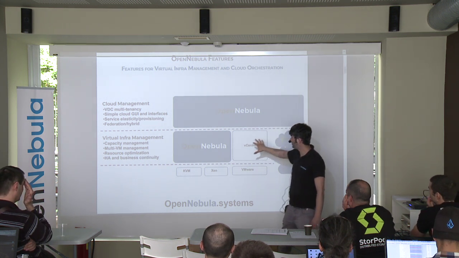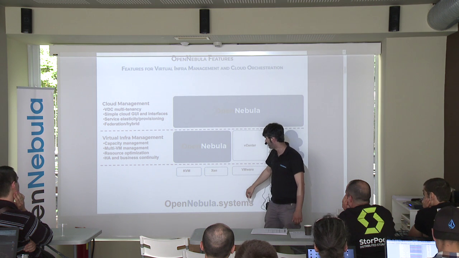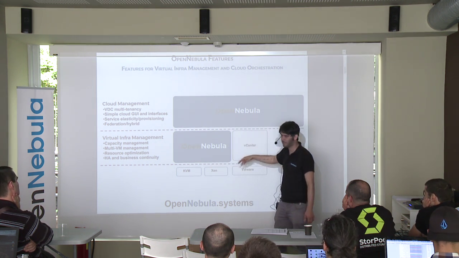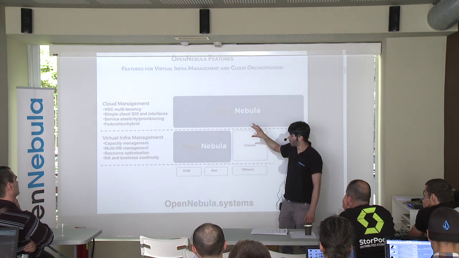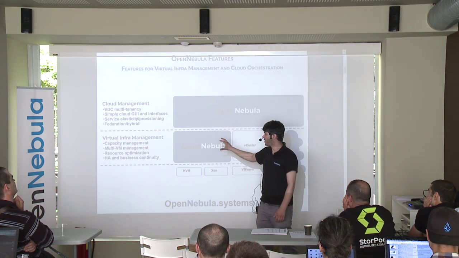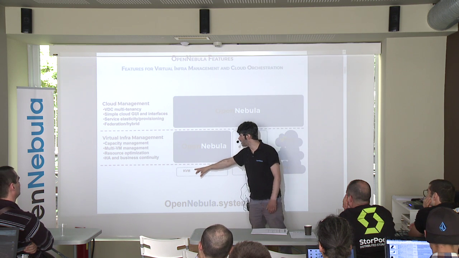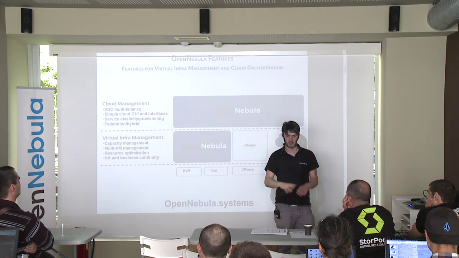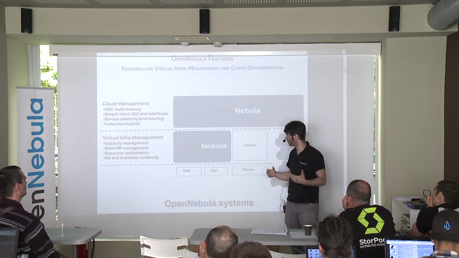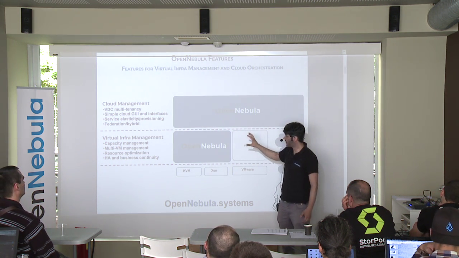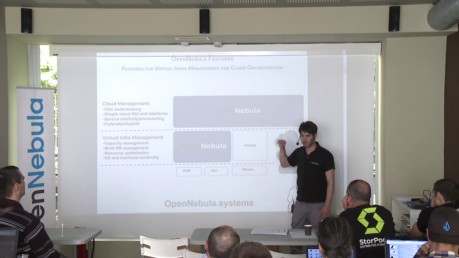One of the very different things from KVM, Xen, and the old versions of VMware is that the infrastructure management for KVM is done by OpenNebula. OpenNebula does every little bit of thing to make VMs work. But with vCenter, we delegate everything to vCenter.